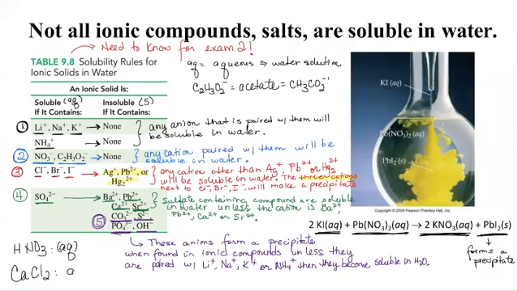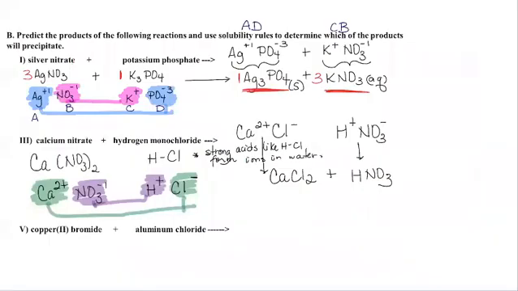That is also aqueous, because remember, the only things that make chloride, bromide, or iodide insoluble are silver 1, lead 2, and mercury 1. Okay? So here, this is aqueous, and this is aqueous. So for Roman numeral 3, we have a reaction that does not form a precipitate.